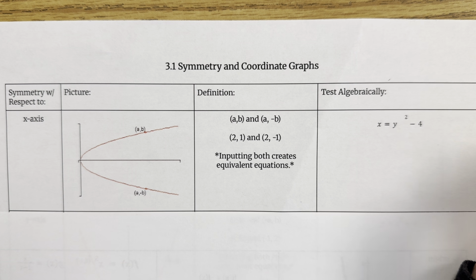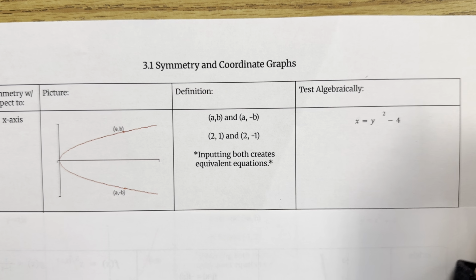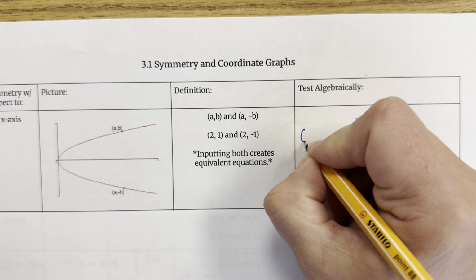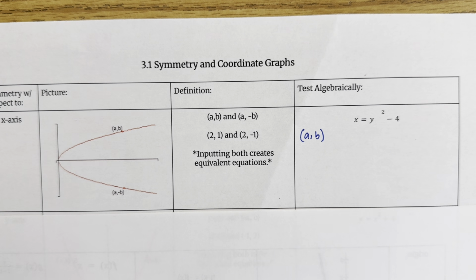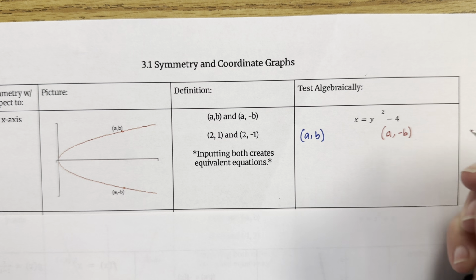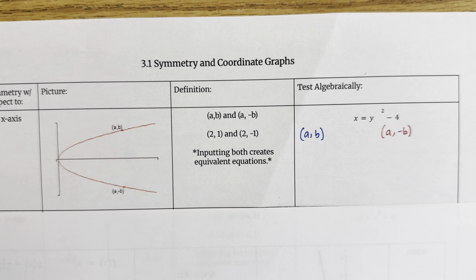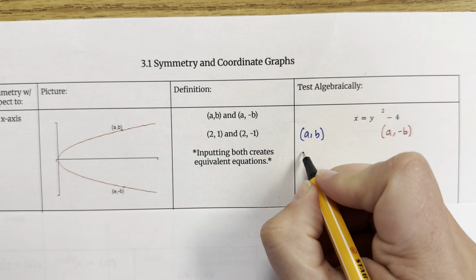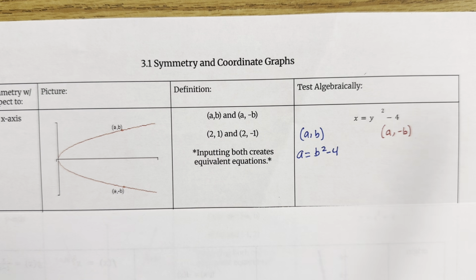All right. So I'm going to show you that test over here. This is the equation of our graph over there. And so we're going to test if we plug in a, b or if we plug in a, negative b, if these end up being the same equation at the end. All right, so I'm going to say a equals b squared minus 4.